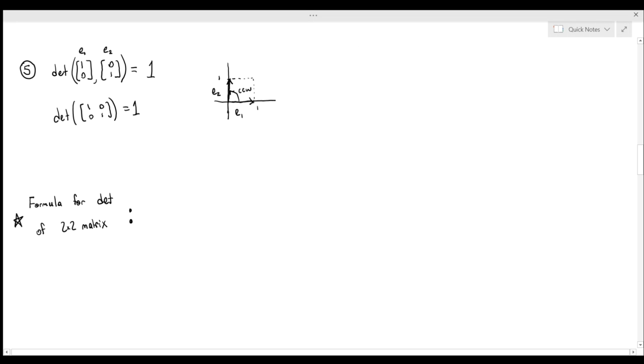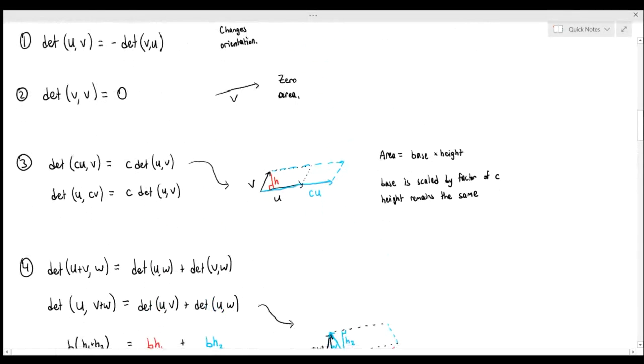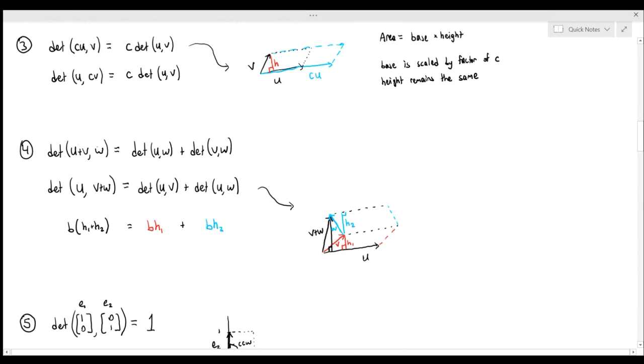Okay, with these 5 properties in mind, a quick recap. Swapping the 2 vectors picks up a negative sign. If you have repeats, it's 0. If you have scalars, you can pull them outside the determinant. The determinant is distributive.